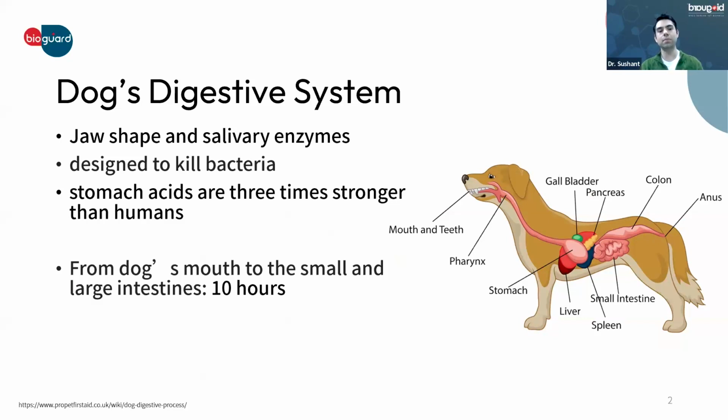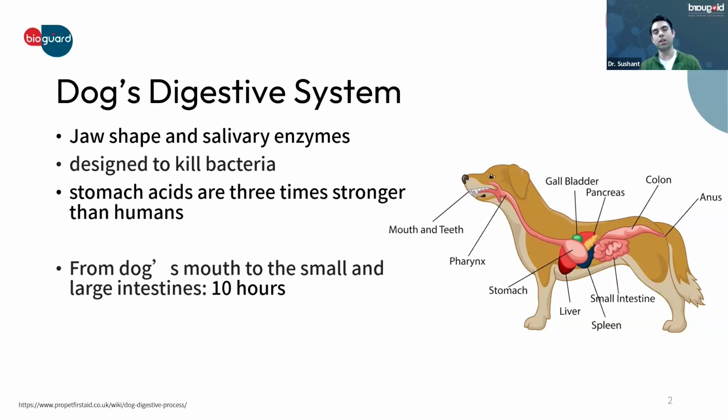The stomach acids present in dogs are basically 3 times stronger than humans. That allows dogs to digest a lot of complex food, even the raw meat that they sometimes consume.